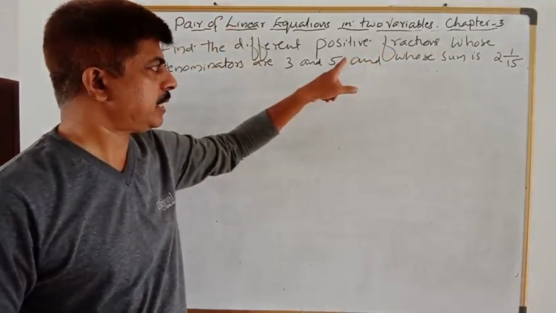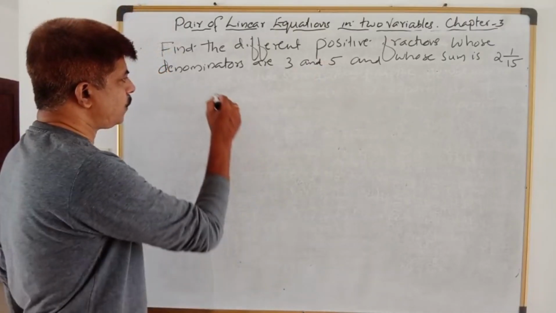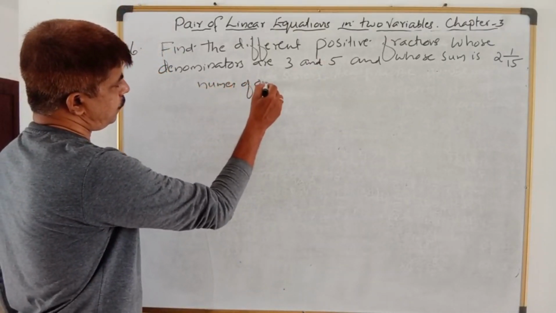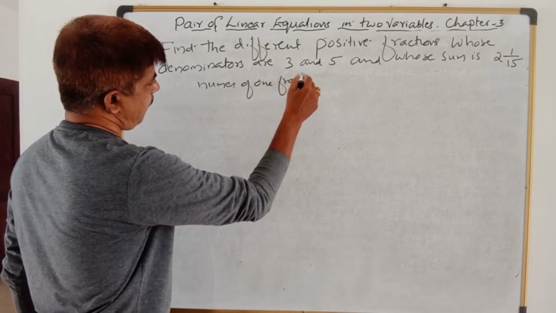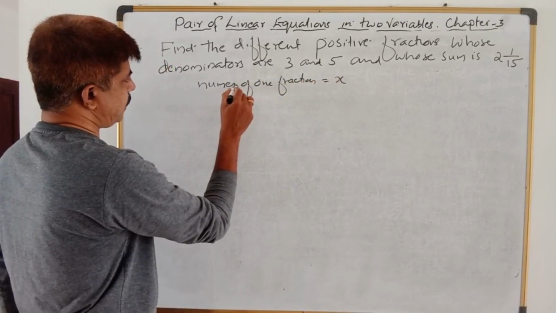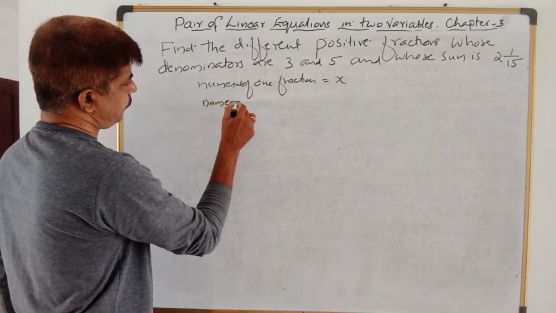Easily we can understand that since the numerators are not given, let us put x as the numerator of one fraction and y as the numerator of the other fraction.